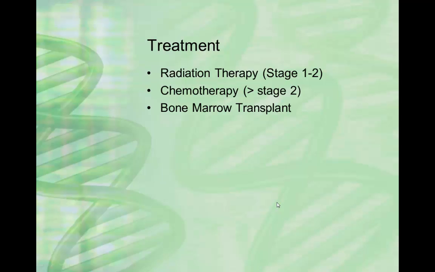Treatment for lymphoma is basically radiation therapy for stage 1 and 2, chemotherapy for stage 2, and bone marrow transplant is the only curative treatment of the disease. But let's talk briefly before we finish about the difference between Hodgkin and non-Hodgkin. Hodgkin is a localized or disseminated malignant proliferation of cells.